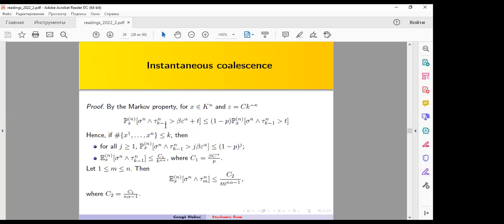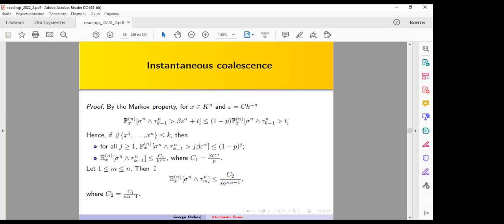So if we iterate this inequality, we get such an upper bound that allows us to estimate the expectation of sigma n minimum tau n k minus 1. And the bound is proportional to 1 over k to the power kappa alpha.